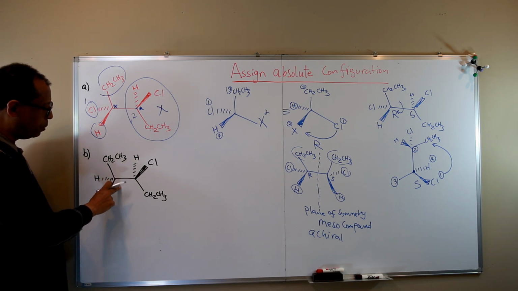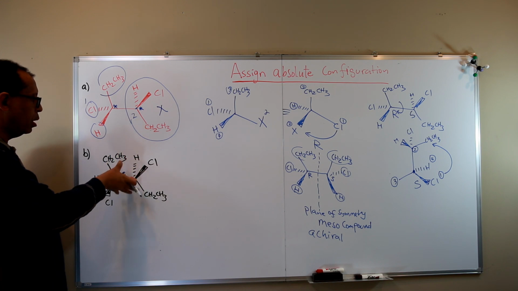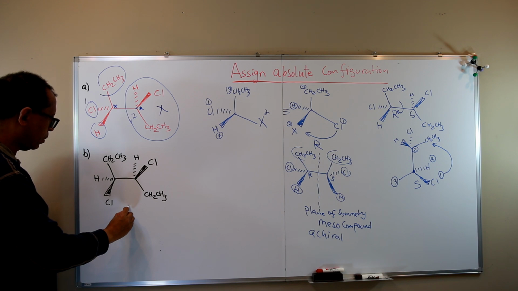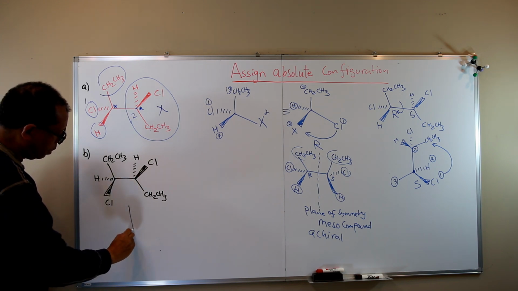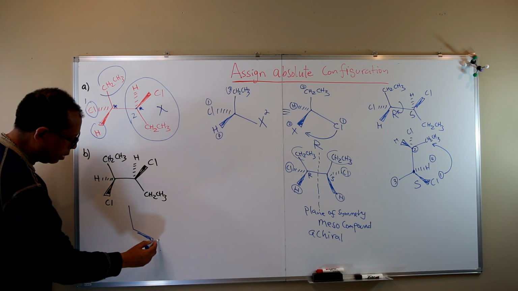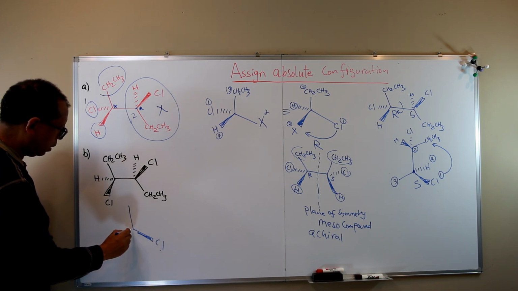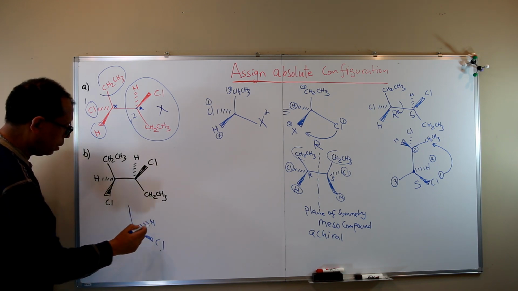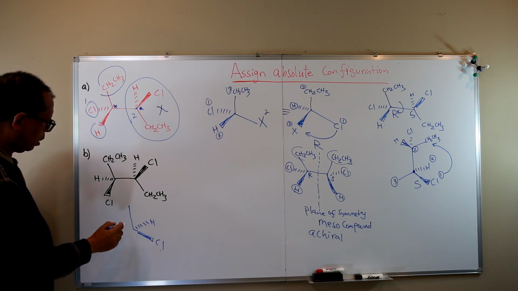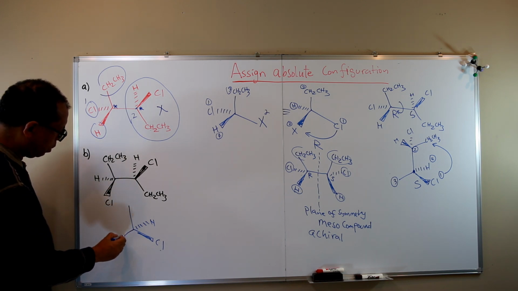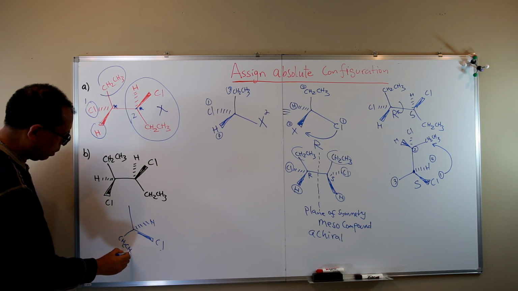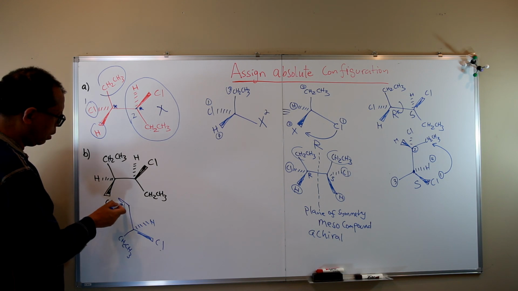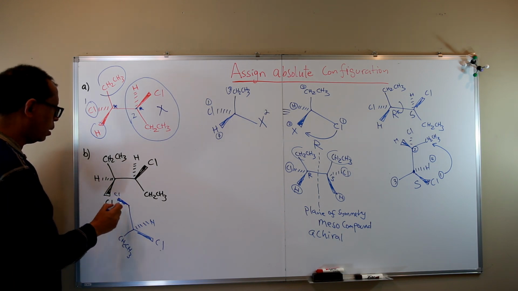So here, if you just turn the whole thing to the left, you will be drawing this. So you will be doing this, chlorine, hydrogen, and CH2, CH3, and on top you would have chlorine.